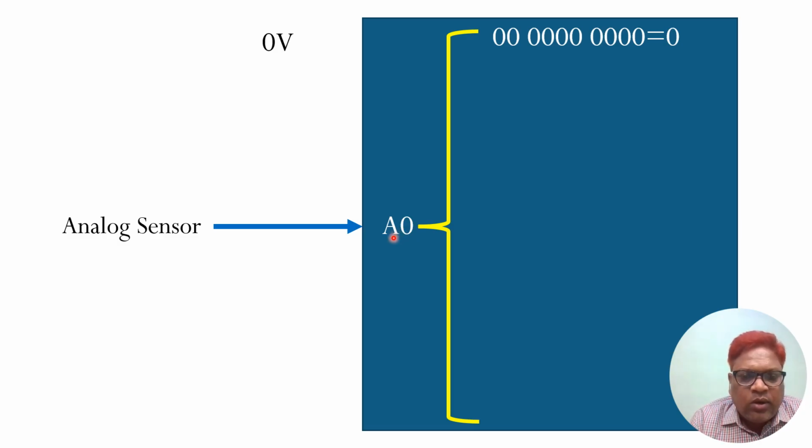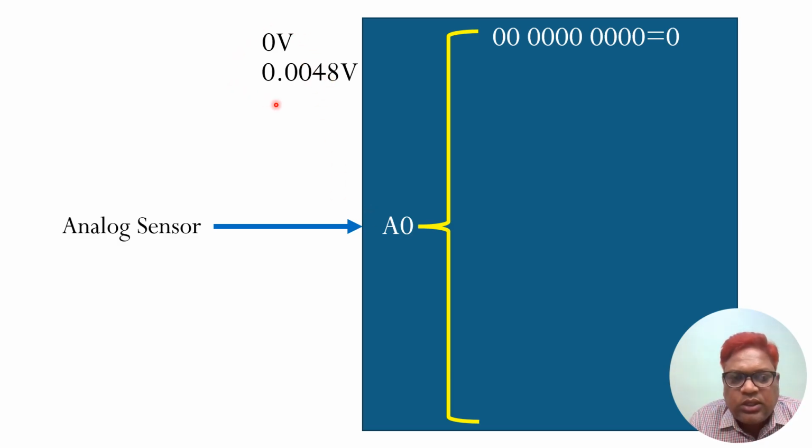Substituting, V resolution is V full scale deflection divided by 2 power n minus 1, which is 5 divided by 2 power 10 minus 1, that is 1024 minus 1, so 1023. 5 divided by 1023 is 0.0048 volts. So this is the step change at the analog input.